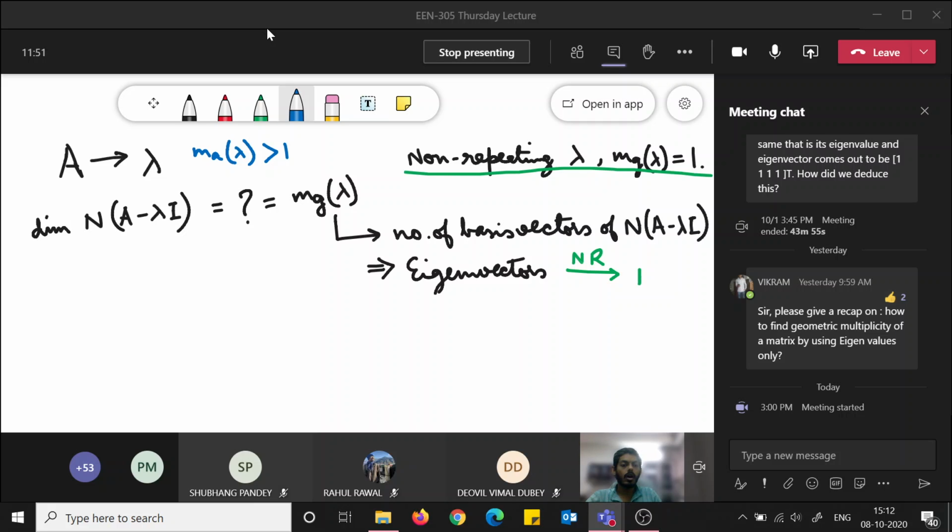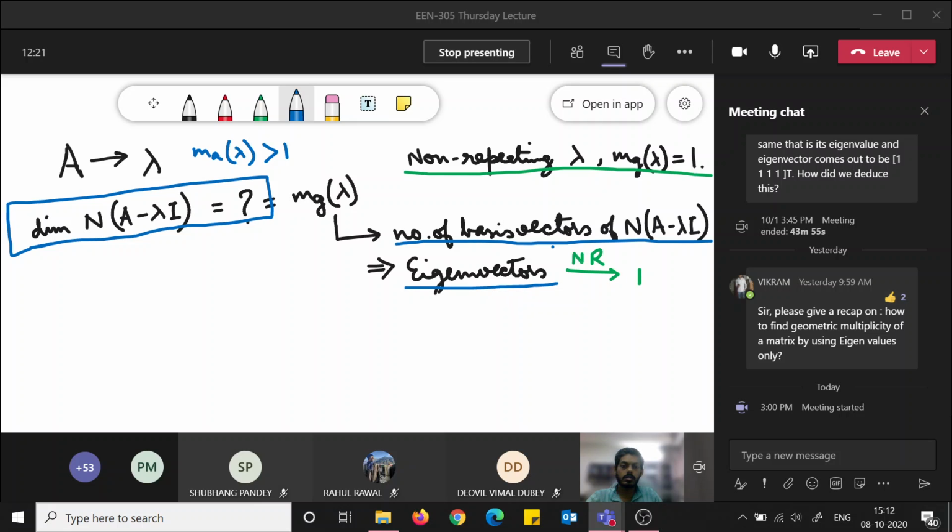It can be 1, it can be more than 1 also. So now this does not become a trivial question anymore. Now this actually becomes a problem to be solved, and while solving it you are finding out a lot of things. You are finding out the number of basis vectors of this space, and you are finding out the eigenvectors.